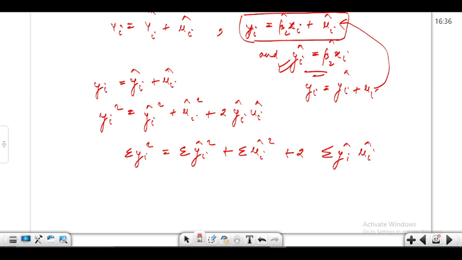I hope you understood. So now this term will become 0 because we have assumed that these two terms are uncorrelated. So what I'm left with is summation yi square is equal to summation yi hat square plus summation ui hat square.